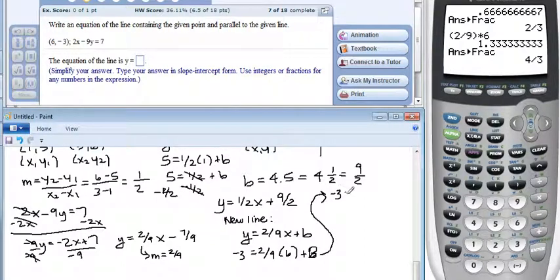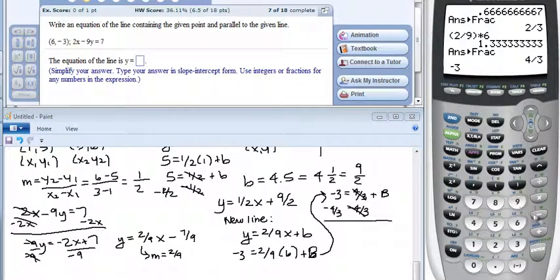I've got negative 3 is equal to 4/3 plus b. Then I'm going to subtract the 4/3 across. Okay, so b is equal to whatever this is. So I've got negative 3 minus 4/3.